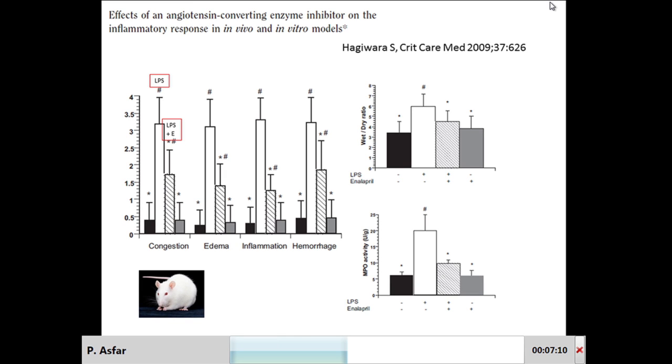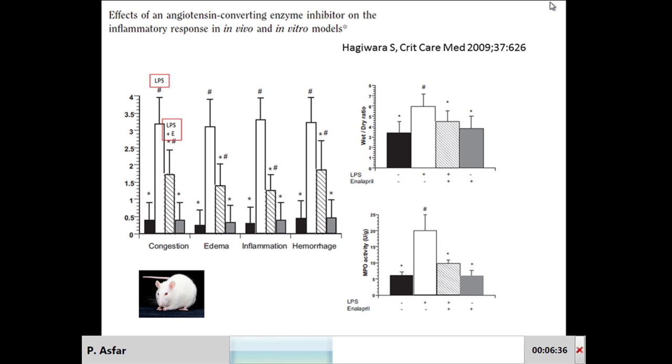The effect of ACE inhibitors was also tested in a rat model. In white here you have the animals that were challenged with LPS, and in hatched bars you have those that were challenged with LPS and treated with enalapril. As you can see, the signs of inflammation and edema are decreased with the protective effect of enalapril.